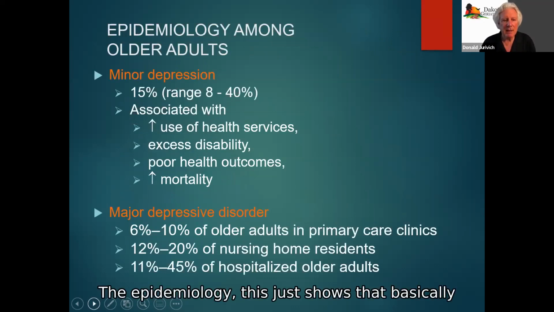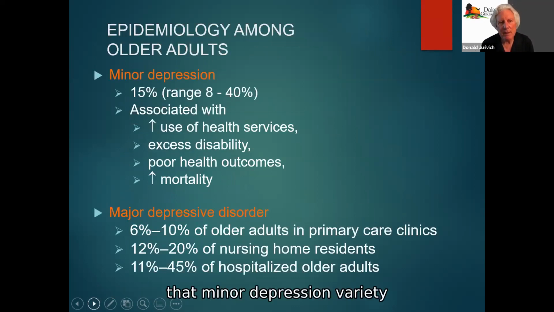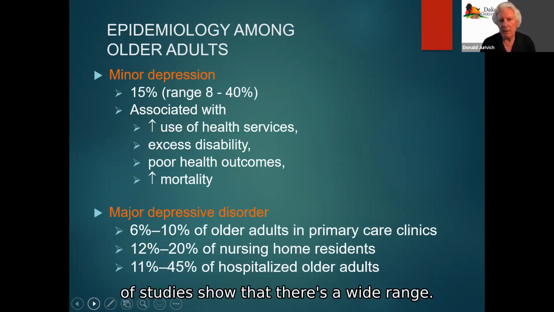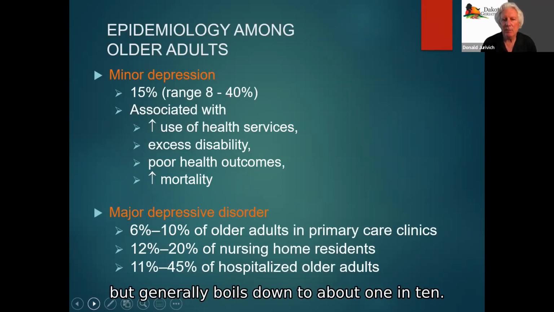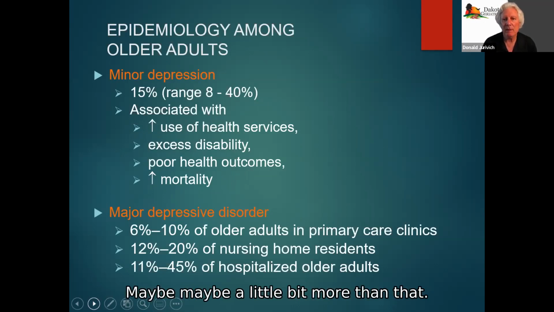So the epidemiology: this just shows that a variety of studies show there's a wide range for minor depression, so up to 1 in 2 might have minor depressive symptoms, but generally it boils down to about 1 in 10, maybe a little bit more than that.